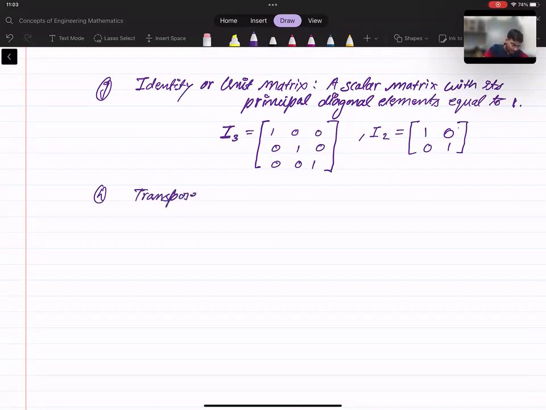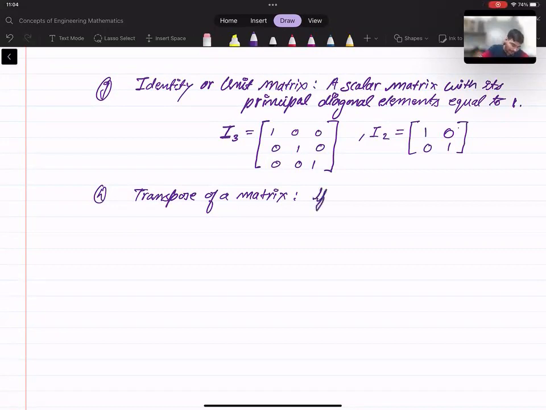Transpose of a matrix. So we have seen what is meant by transpose. In transpose, the rows are converted to columns, and columns are converted to rows.